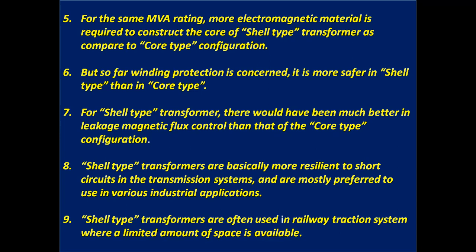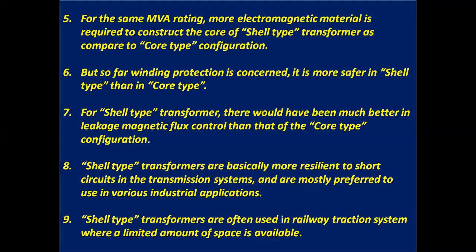For shell type transformers, leakage magnetic flux control is much better than that of the core type configuration. Shell type transformers are more resilient to short circuits in the transmission systems and are mostly preferred in variable industrial applications.